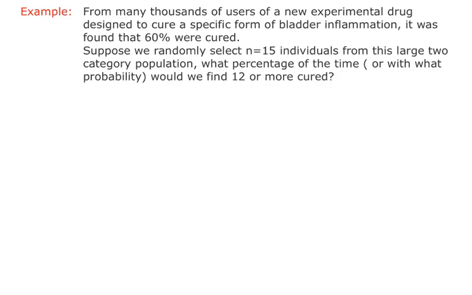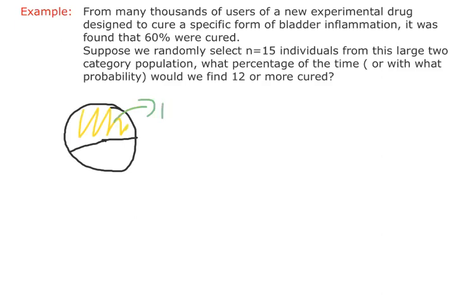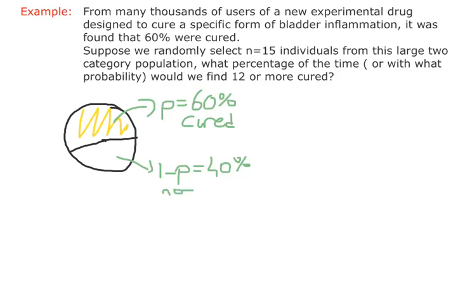As you can see, it's a two-category population, and if we want to make a pie chart, we can say that more than 50%, about 60% here, is p equal to 60% cured. What's left over, 1 minus p, is 40% not cured.